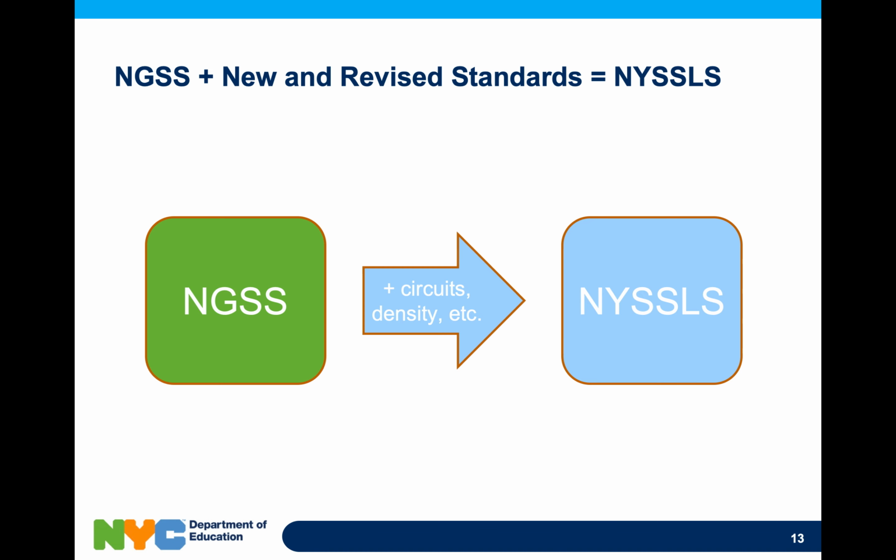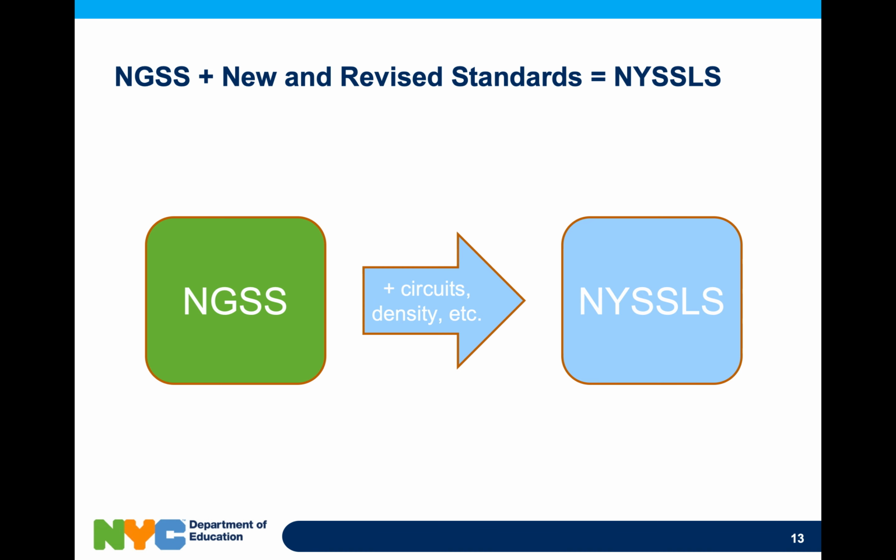Okay, so there are the Next Generation Science Standards, the NGSS. Those standards are in use by somewhere around 30 or so states in the US right now, the NGSS or close derivatives thereof. Those standards came out in 2013. In New York, we have the New York State Science Learning Standards, the NYSSLS. What's the difference?